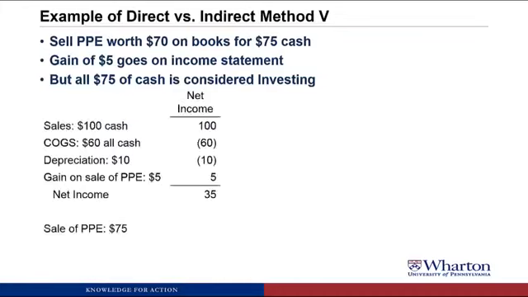So I'm going to bring back one of the basic examples we did early on, where we have all of our sales in cash, all of our cost of goods sold in cash, and then depreciation of $10. We're going to add to that the gain on sale of property, plant, and equipment, which goes on the income statement, which would make our net income $35.